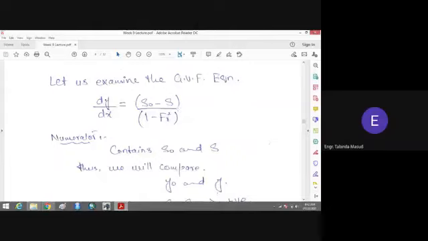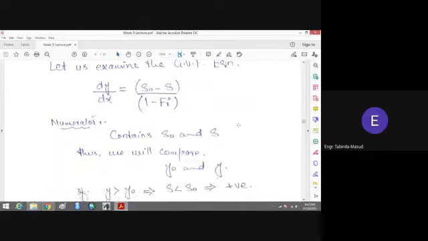So this is the equation with the help of which we can draw the flow profiles, because this is the equation which will decide whether the flow will be a backwater curve or a drawdown curve, and then we will be able to draw the flow profile for a particular slope. So first of all, we will examine the numerator of the equation, and then we will discuss the denominator of the equation.